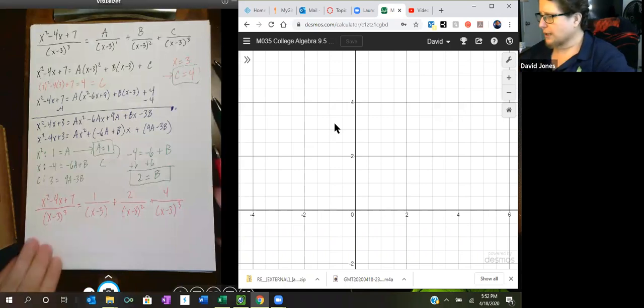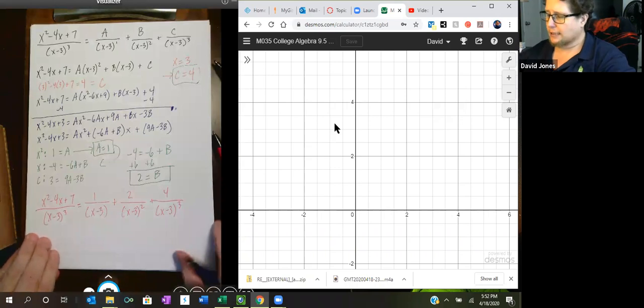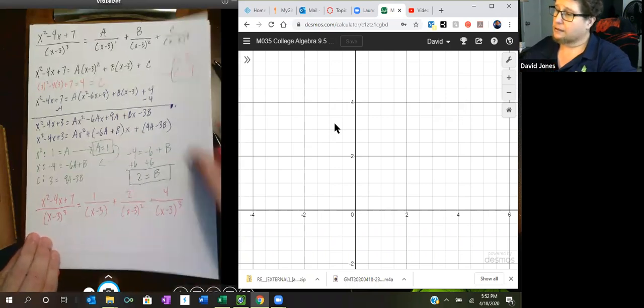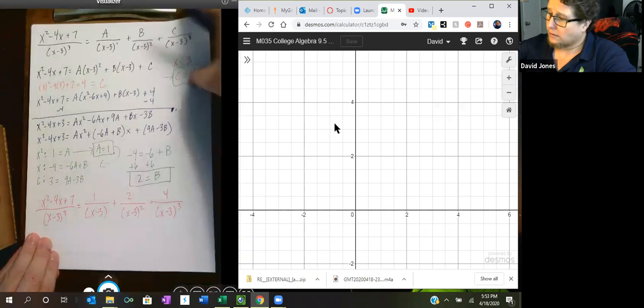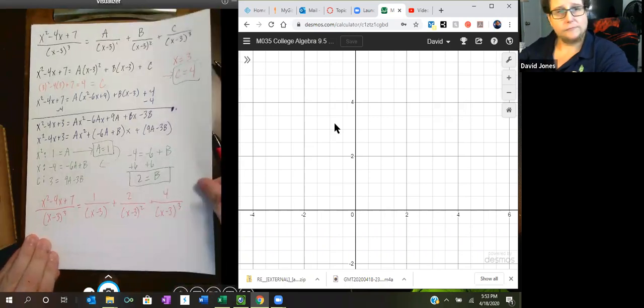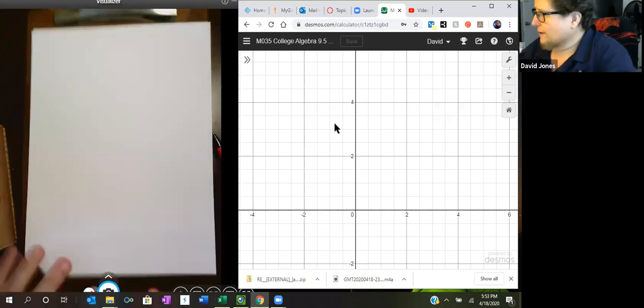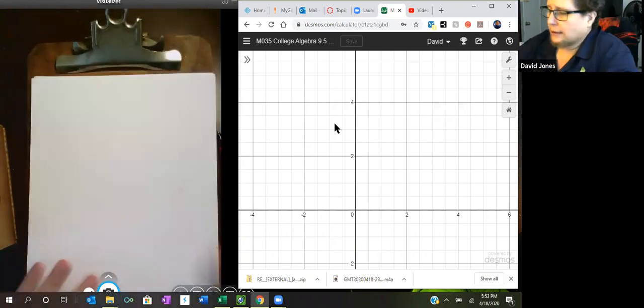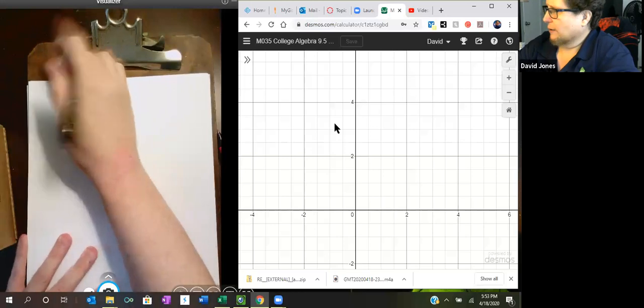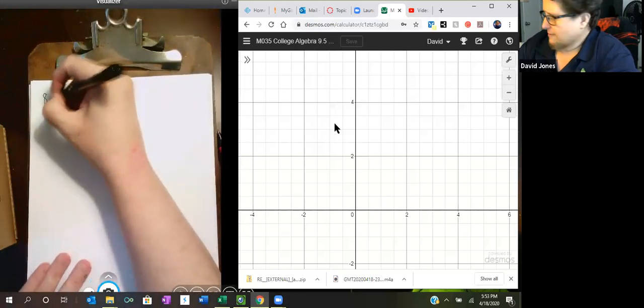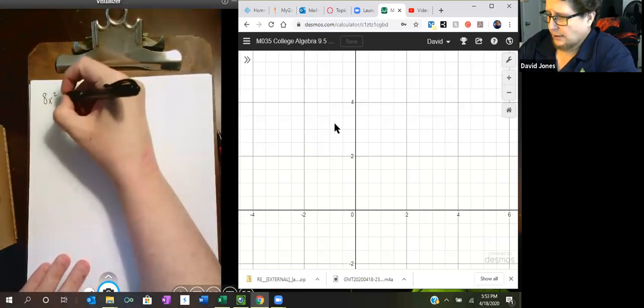Now let's switch to one that has something more to it. So far, we've only had linear terms on bottom. Let's come up with something that's a little bit bigger. Let's decompose.